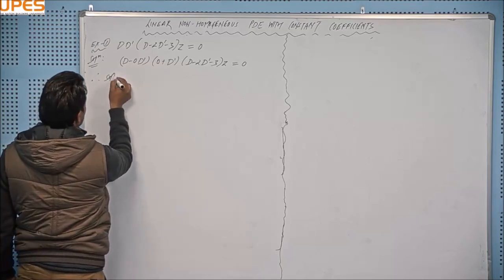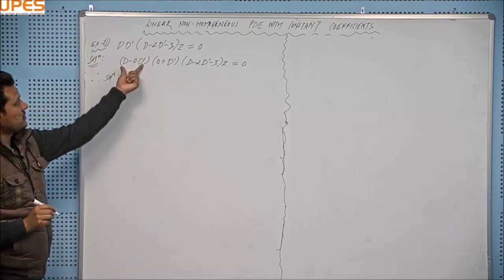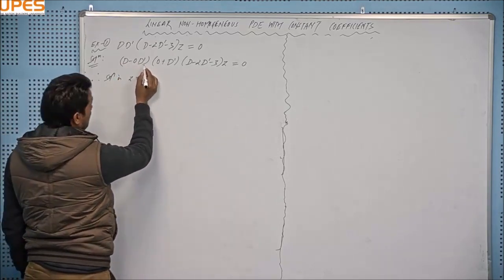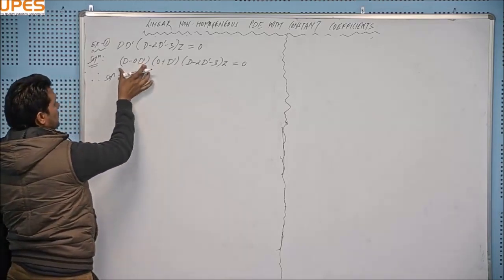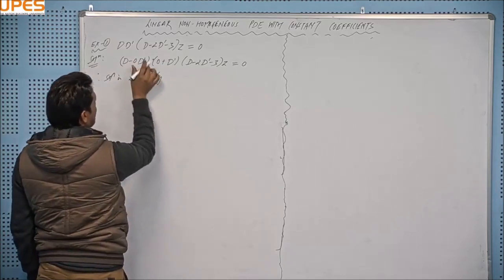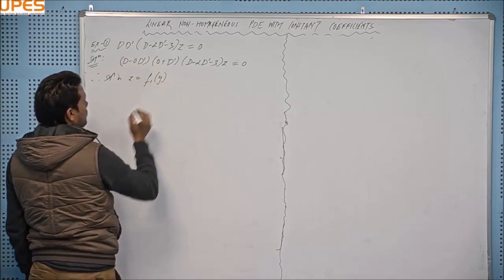Therefore the solution is z is equal to, right? For this one you will write, since alpha is missing here, so that will be e to the power 0x, okay, that will not be written. It will become f1 of y plus 0x, but since 0 is here as a coefficient of x, I am closing the bracket.